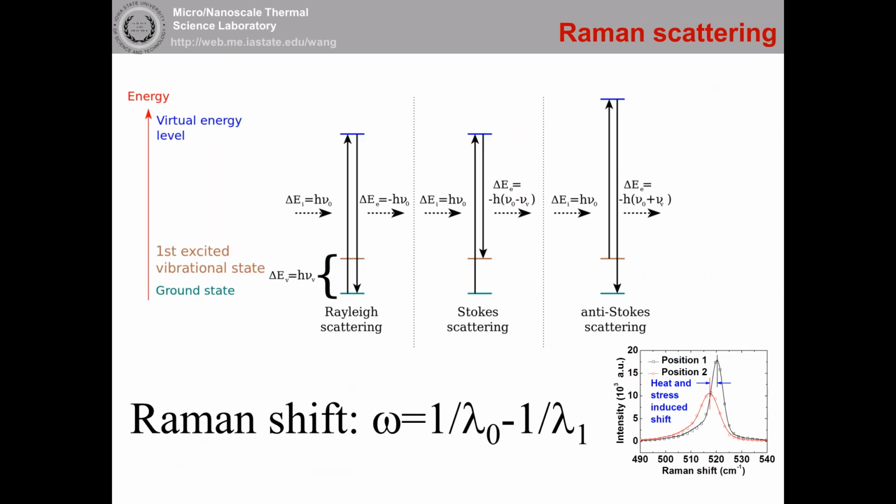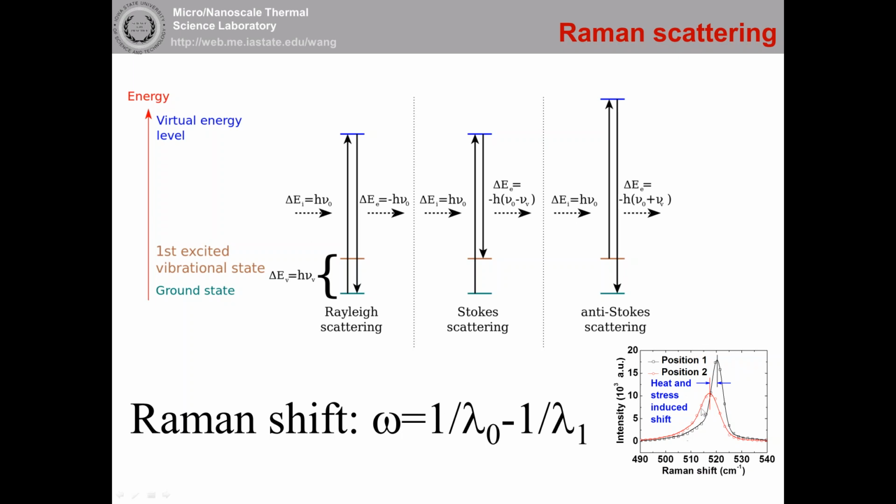This one gives some background on Raman spectroscopy. I think you know a lot, probably more than I do. This one shows Raman scattering. You have the Stokes scattering and anti-Stokes scattering. The interesting thing is the Raman peak, which is affected by temperature. I think it is affected in 3 ways.